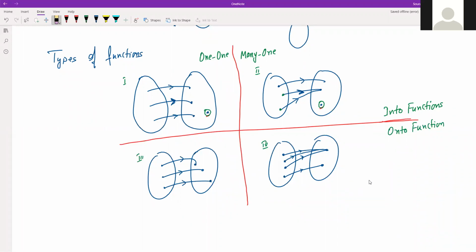Right? So now we have two types of classification, and in both we have two subtypes. Based on the codomain, whether all the elements have a pre-image or not, we have divided into two, that is into and onto.